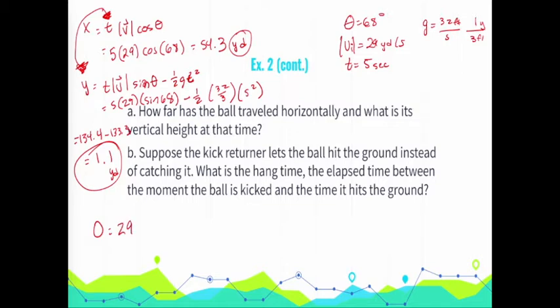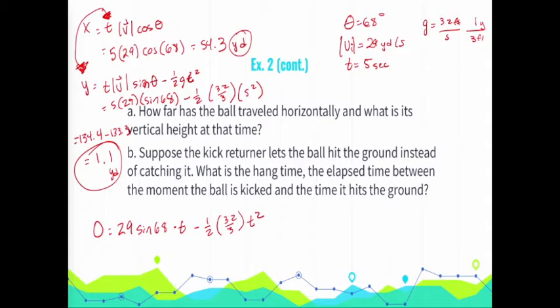Our sine theta, still sine 68, t, minus 1/2 times 32 over 3 times t squared. And we want to solve this for t. This is going to be a quadratic equation, and it's going to be an ugly one.